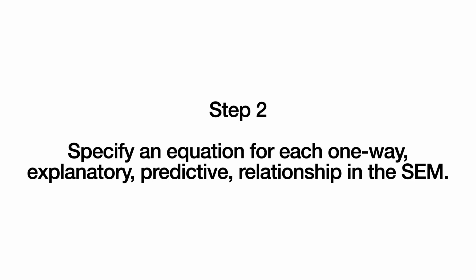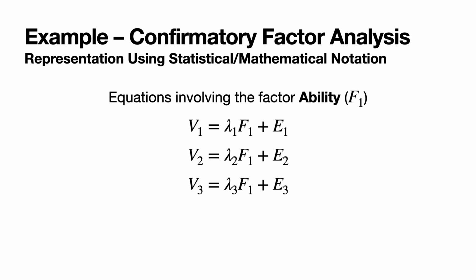Next, we'll look at step 2, where we specify an equation for each one-way explanatory predictive relationship in the SEM. So here we have equations that involve the factor F1, the ability latent construct.